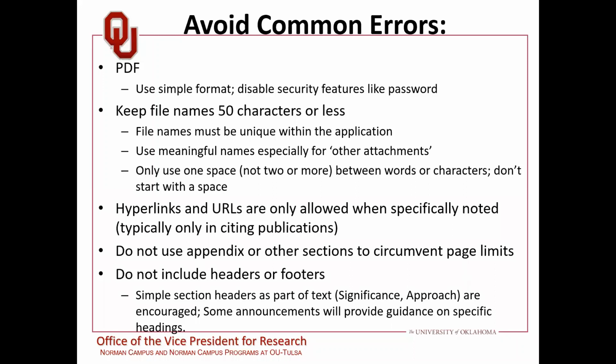We talked about circumventing page limits. They don't want you to put headers and footers. And this, years ago, they used to require that you put headers and footers like your last name and stuff like that. They don't want that anymore, because the software now automatically adds headers and footers to all of the pages. So you don't have to worry about that.